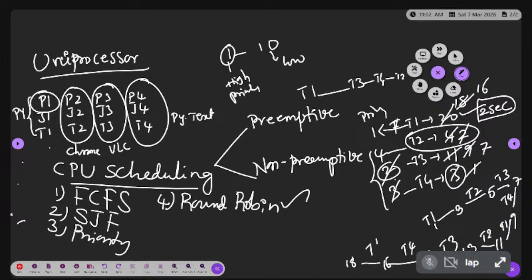General meaning of preemptive. What is the preemption?